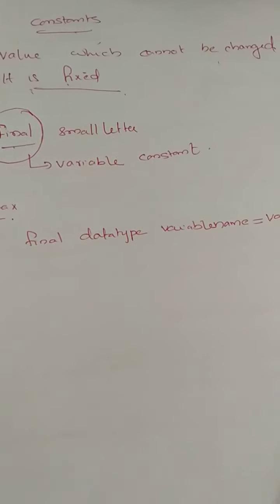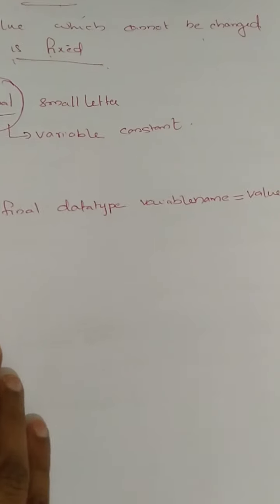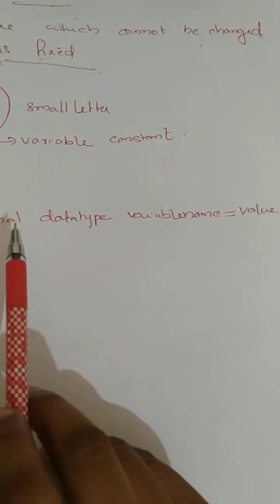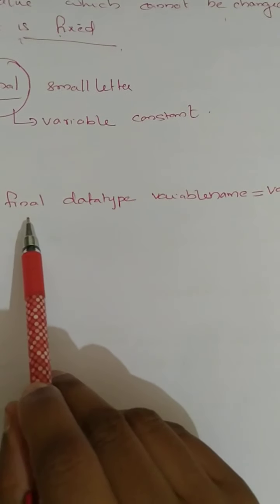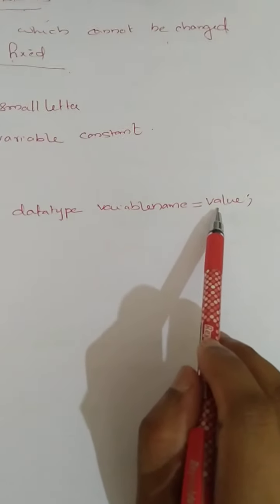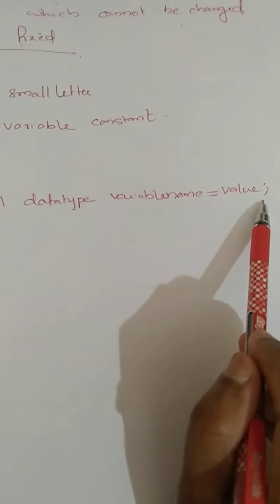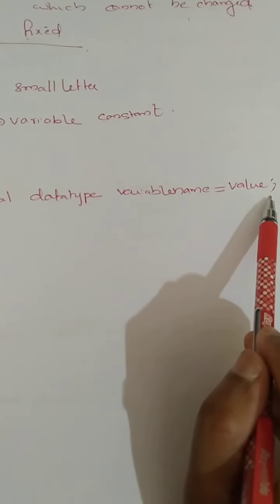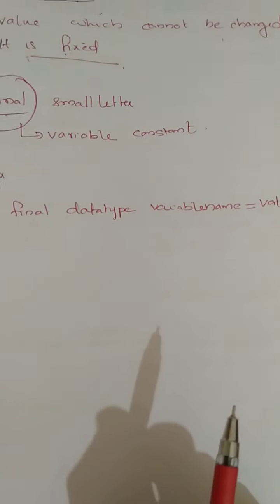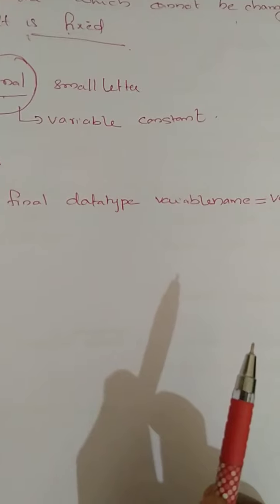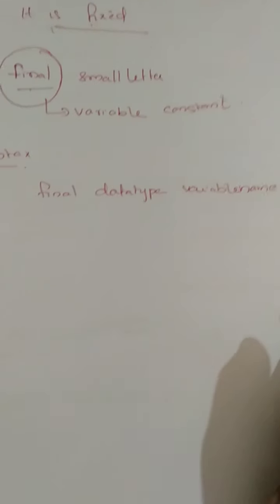This is the syntax for making a variable constant. When you make a variable constant by using the keyword final, then throughout the program the variable's value will be the same. It cannot be changed. When you try to change the value, it will show an error because the value is fixed.